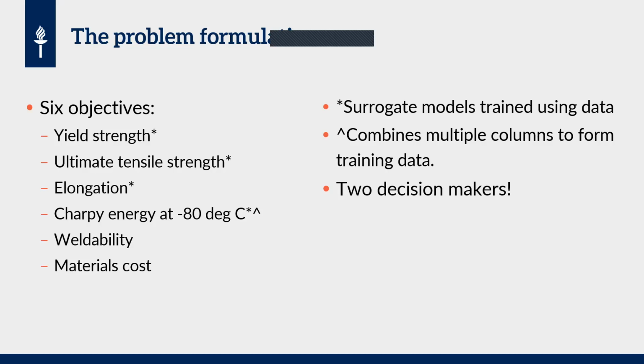And we have these 6 objectives, but oh no, you're not alone. There are 2 different decision makers here, which can have some additional issues. DESDEO, even though it was developed with interactive multi-objective optimization in mind, originally assumed that we would get preferences one at a time.